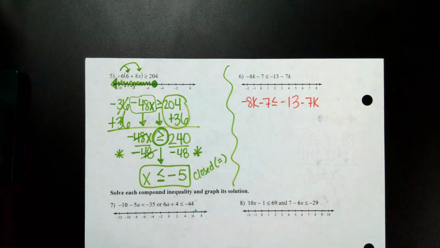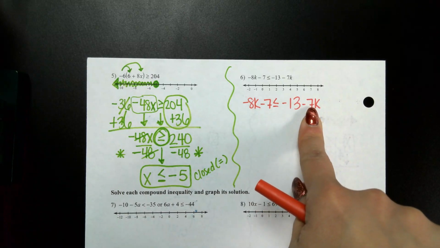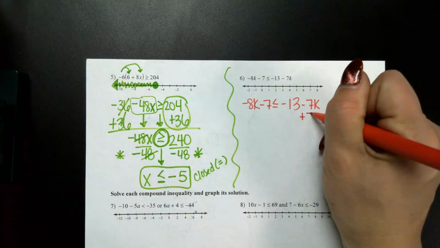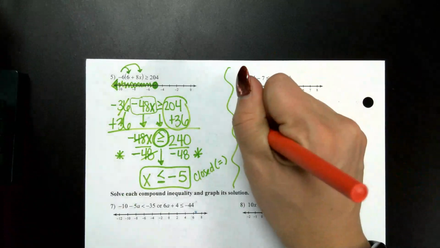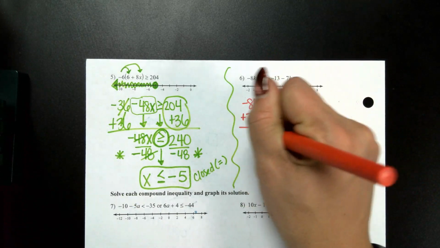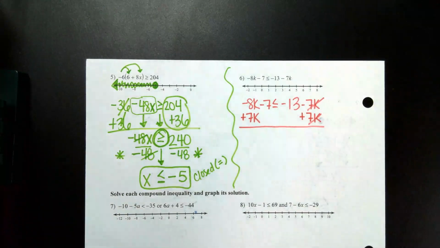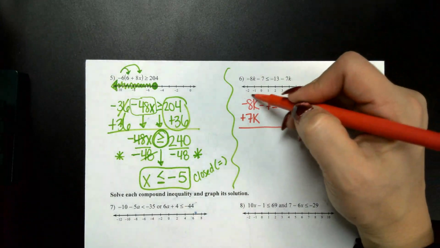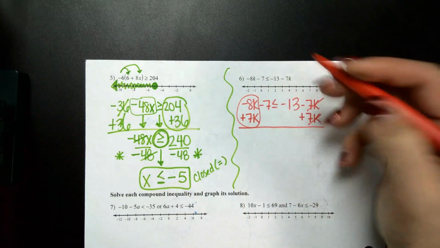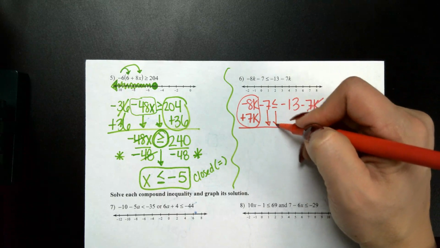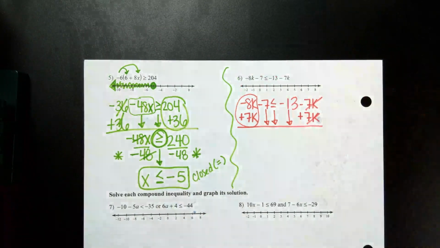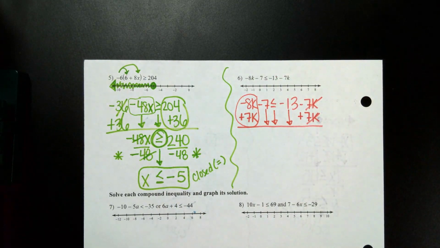What do you guys think? How do I move that one? You're going to add 7k. Make sure you line it up with the other k term because that's the one it's going to pair up with. So these two add together. Then I'm just bringing those 3 things down, like the -7, the symbol, and the -13.